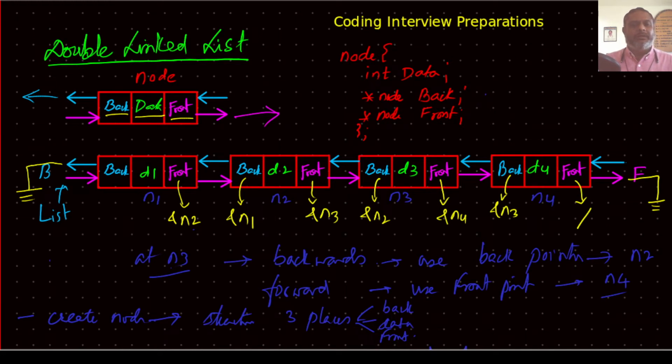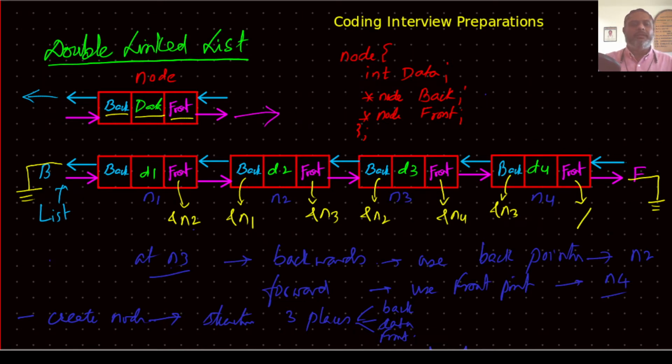So start with the list, go to the first node N1, find its value, it is D1. We are looking for D3, no. Then go to the next node in front, it goes to N2, N2's data is D2, it is not D3 which we are searching for. Then proceed further, go forward, and you will reach N3 whose data is D3.